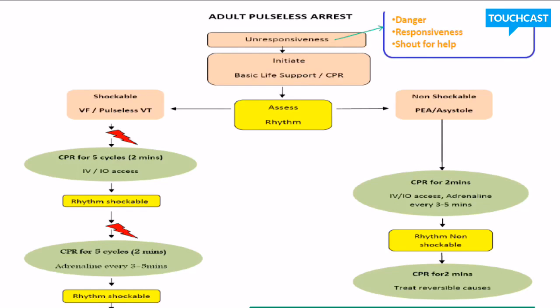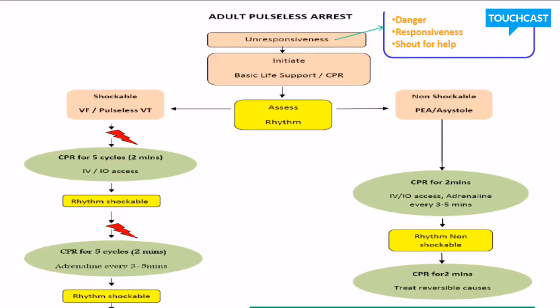Then when the help comes, you attach the cardiac monitor and you ask your assistant who is doing CPR to stop because you want to analyze the rhythm. Let's say now the rhythm is asystole. So you continue CPR, you do everything within the 2 minutes. When we say everything, we mean the IV access and you give adrenaline every 3 to 5 minutes.